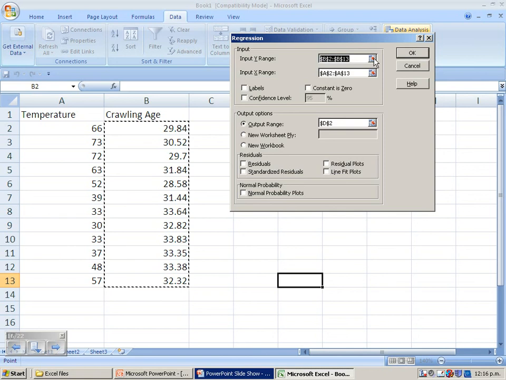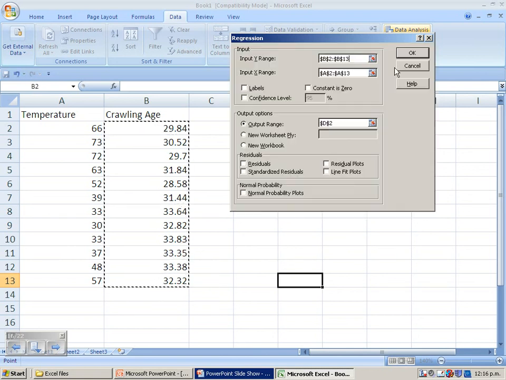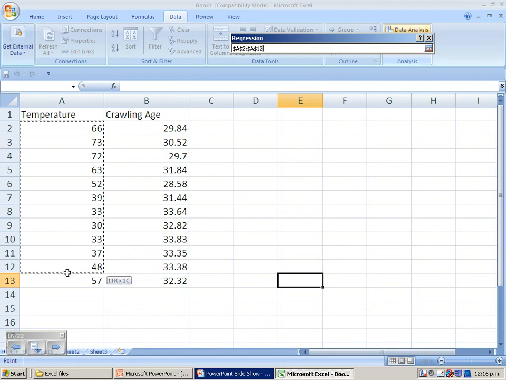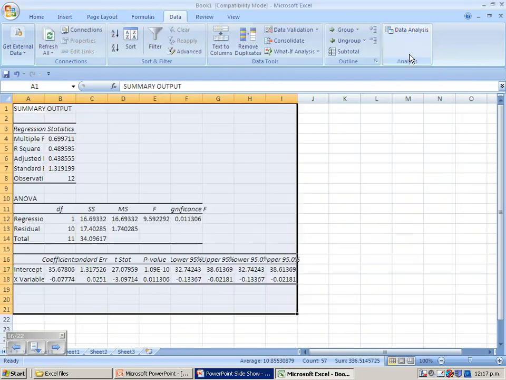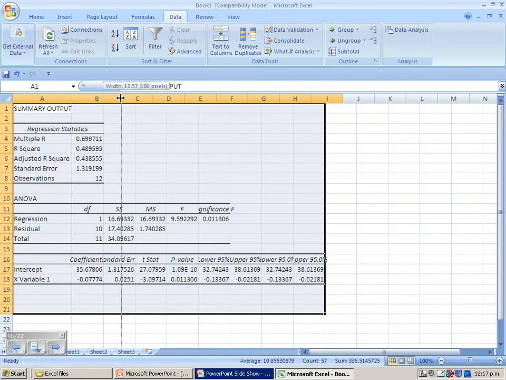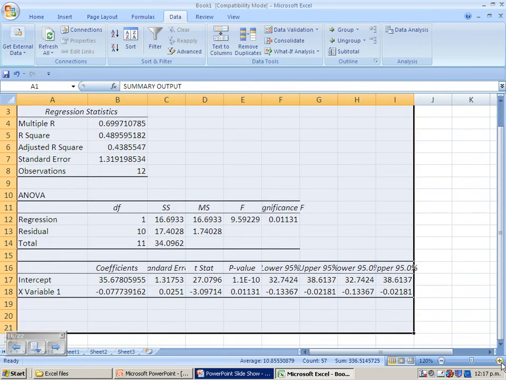Highlighting the Y range first, that's the crawling age, followed by the X range, the temperature, and choosing a suitable output range, Excel will give us the regression. This is the summary output we have seen before.